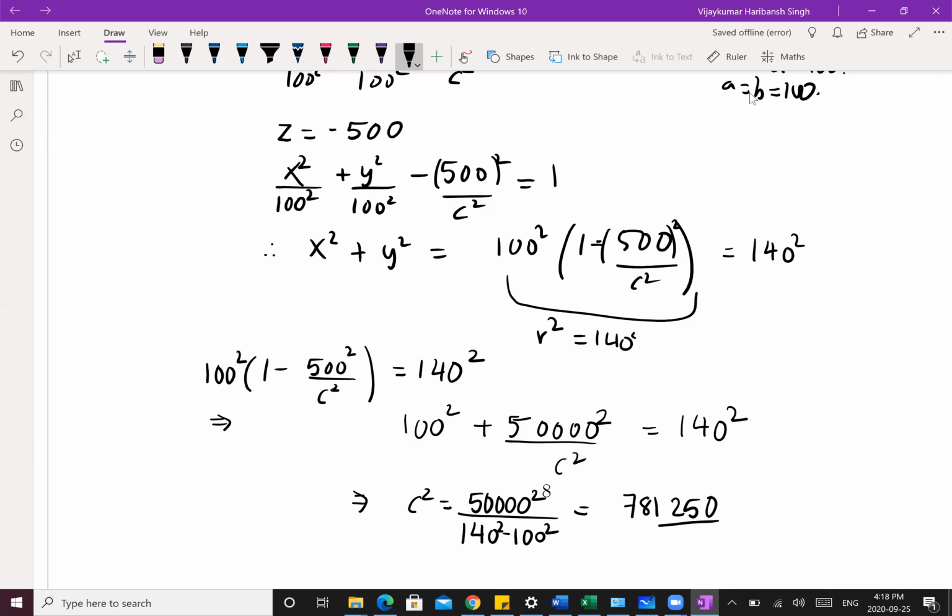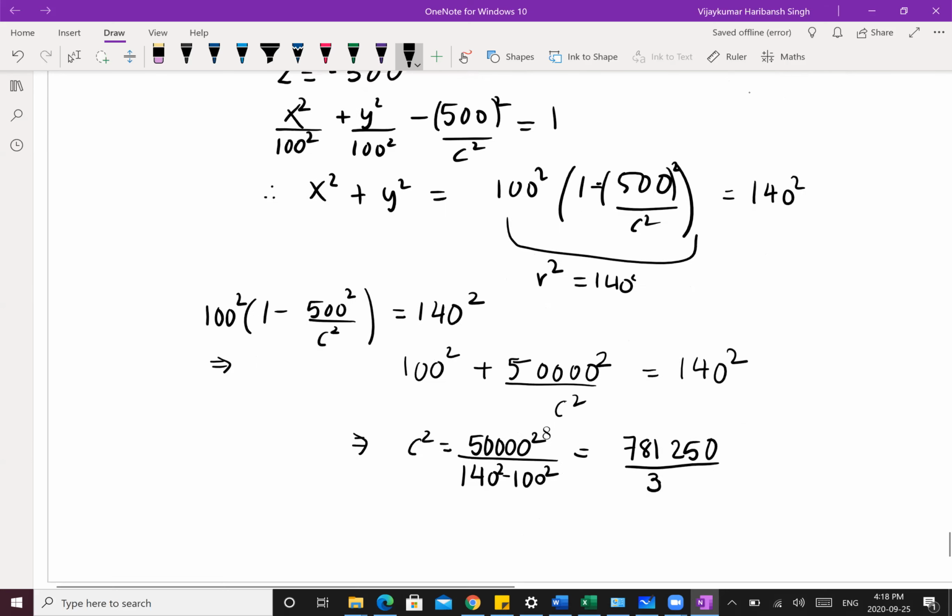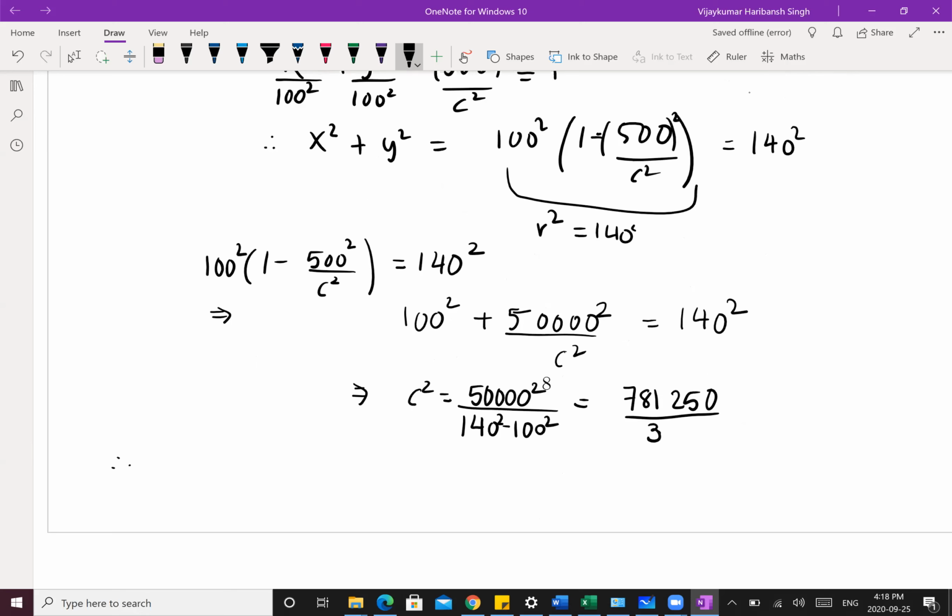If I use the calculator, I get 781,250 divided by 3. And therefore, I get the equation x squared by a squared, which is 100 squared, plus y squared by 100 squared minus z squared by c squared.